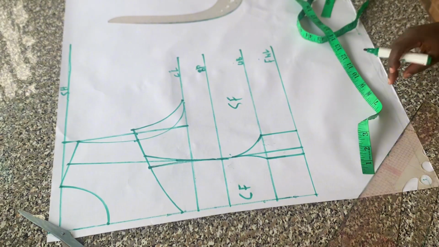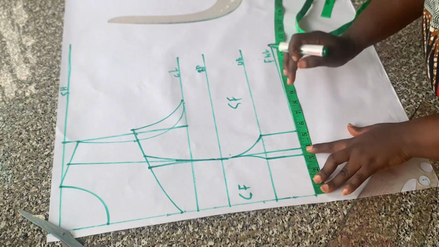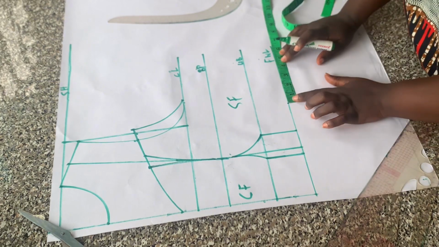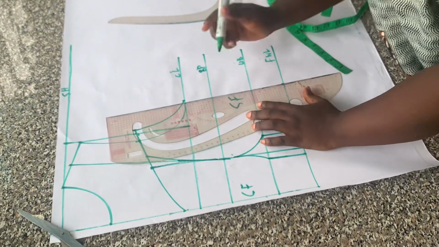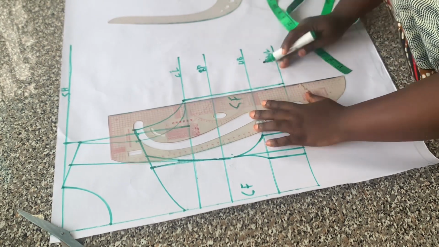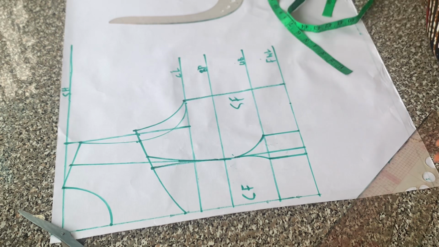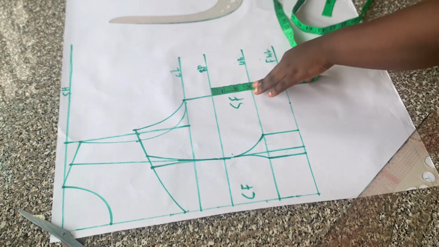The next thing I did was to place quarter of the waist circumference on the waistline. Then I replaced the 2 inches dart intake back there. Then I connected the chest line to meet the waistline. The next thing I did was to place my bust dart. My bust dart is simply the difference between the front waistline and the back waistline.